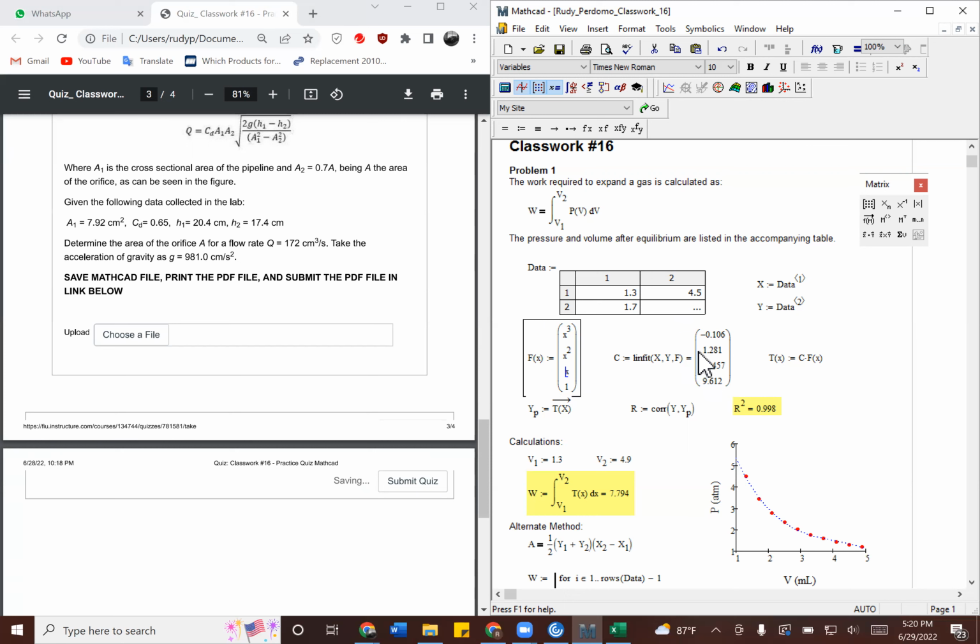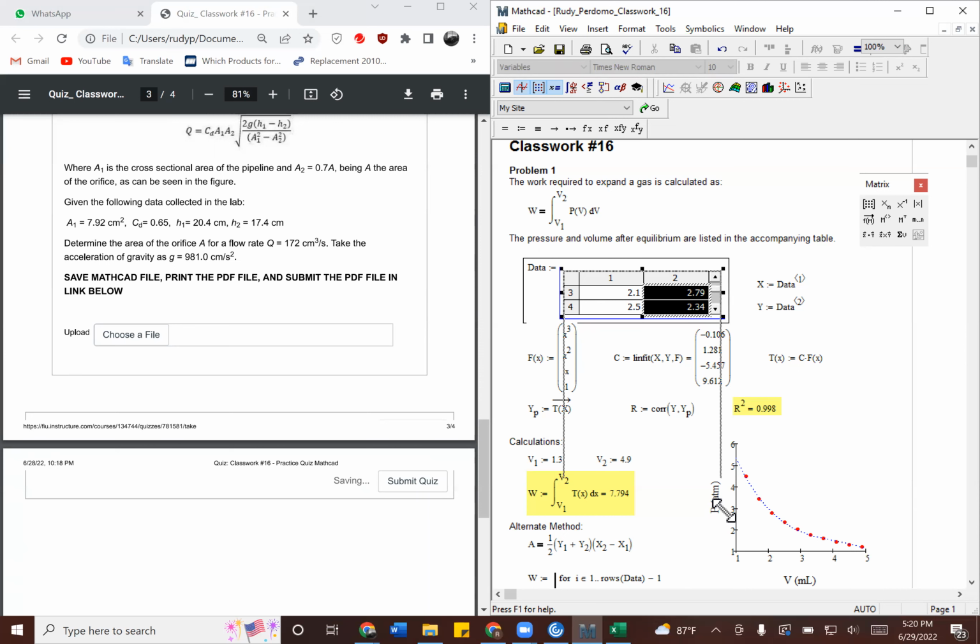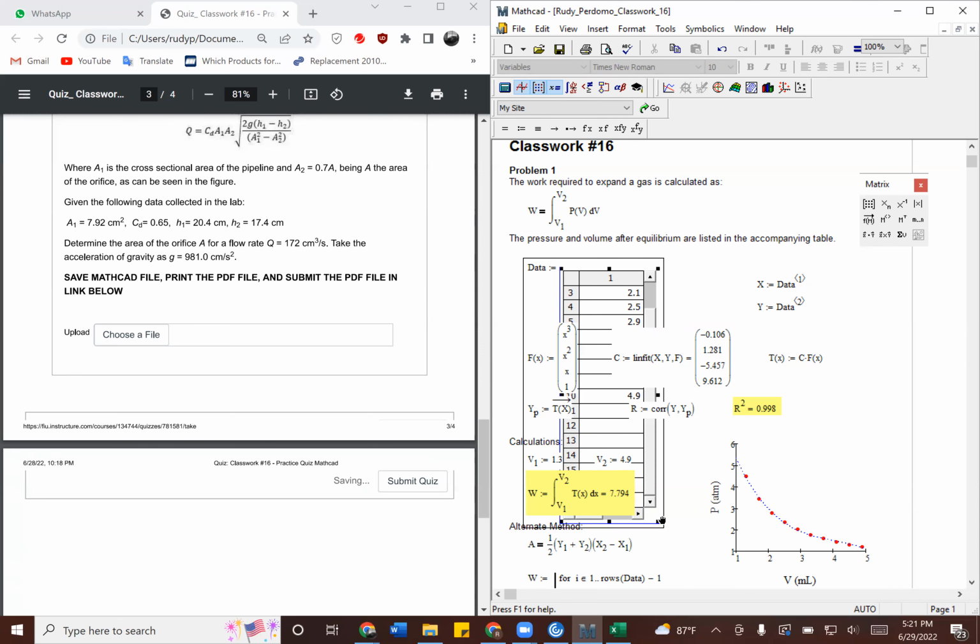Wait, why did I get a different result than what you did? 0.41. I'm getting a different number. I don't know why. Is your data the same? Let me see.